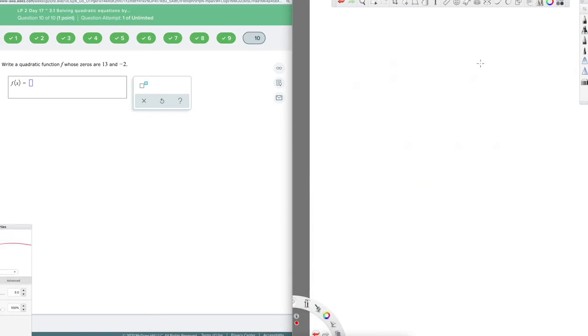Write a quadratic function f whose zeros are 13 and -2. So remember, that means that I had x equals 13 and x equals -2. And it's f of x, so I know they want me to use x as my variable. So I have minus 13, and I want to make them equal 0 again.